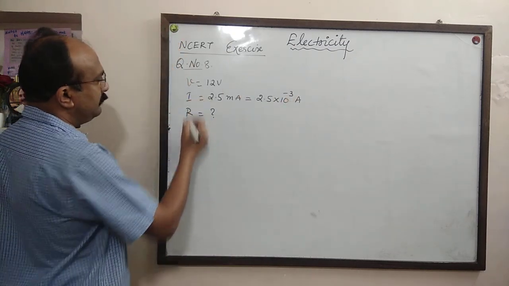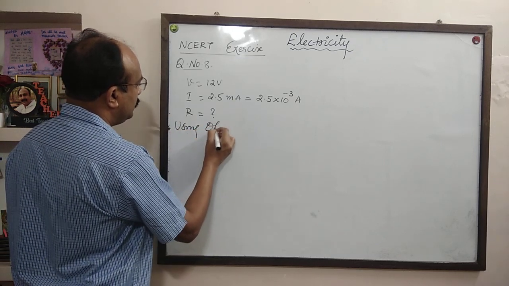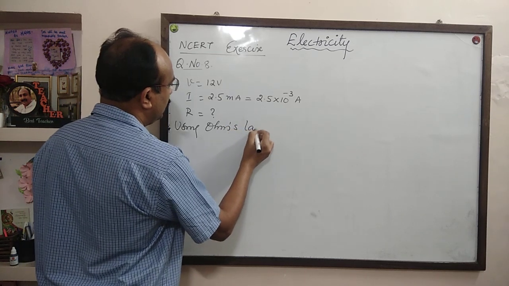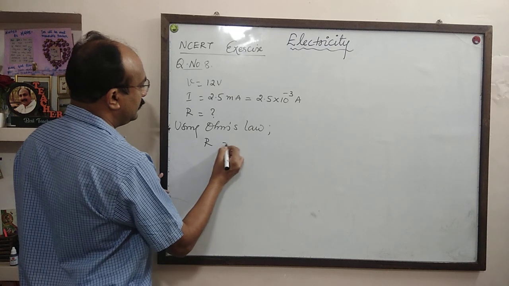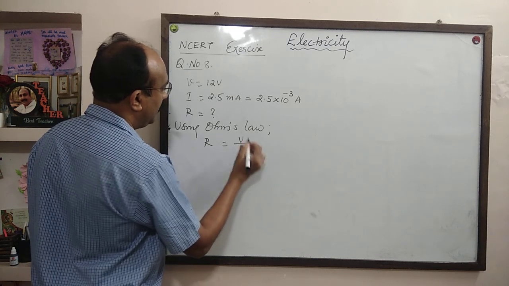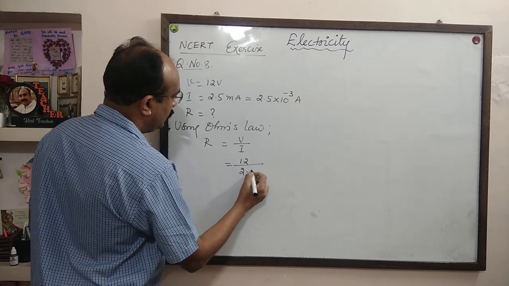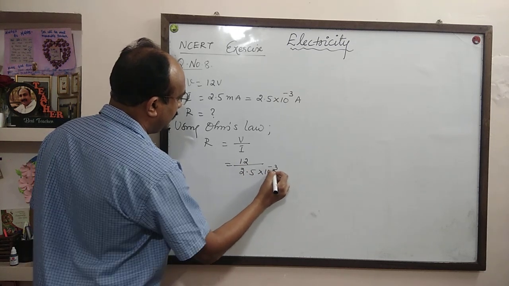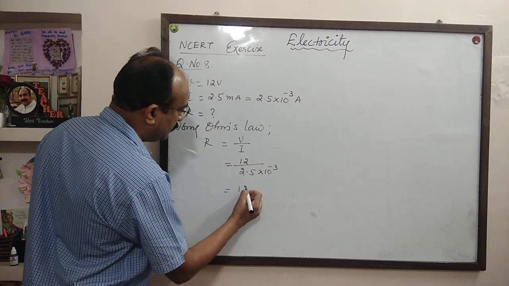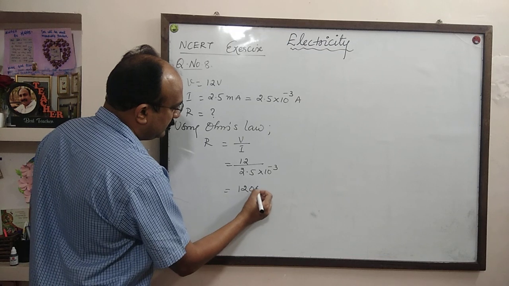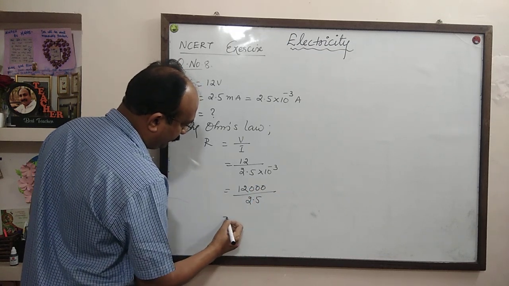Now the formula is very simple. Using Ohm's law, V is equal to IR. So R is equal to V upon I. That is 12 upon 2.5 into 10 raised to minus 3. 10 raised to minus 3 will go to numerator. So it will become 12 and 3 zeros upon 2.5.